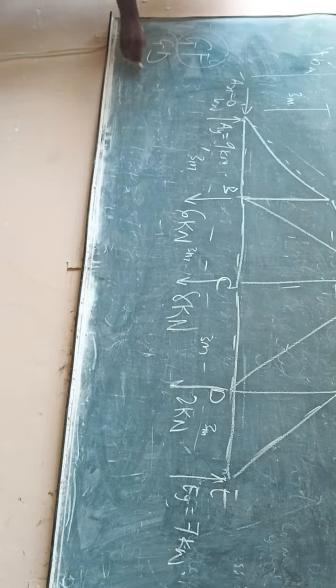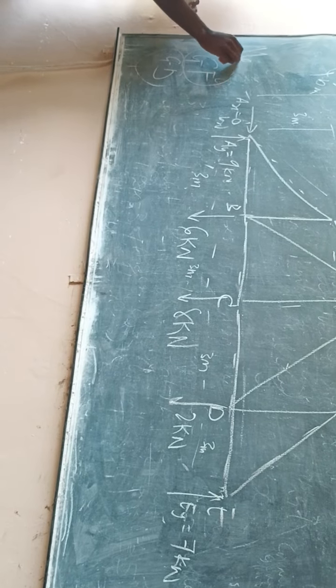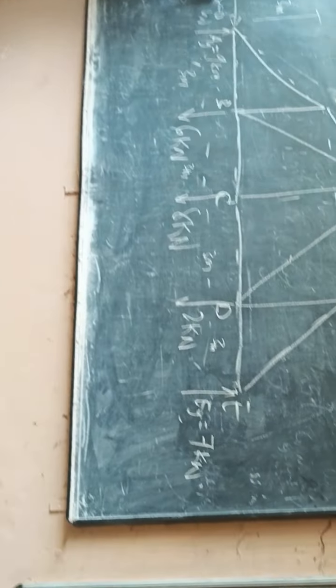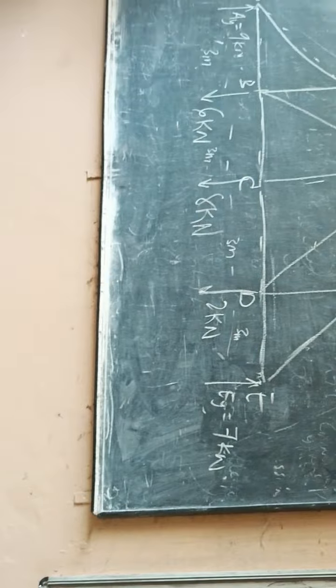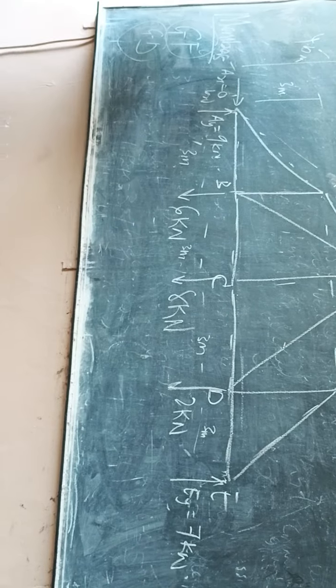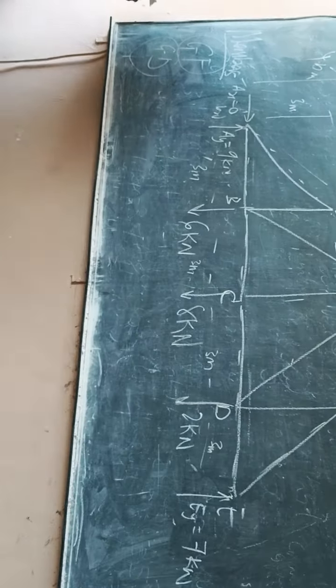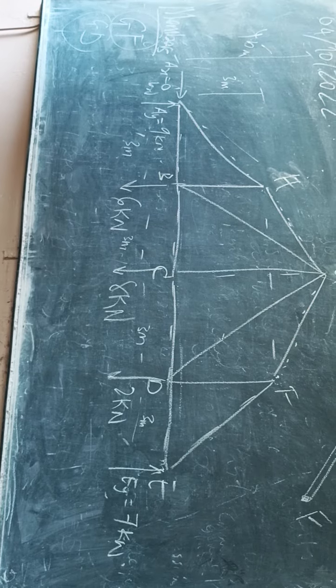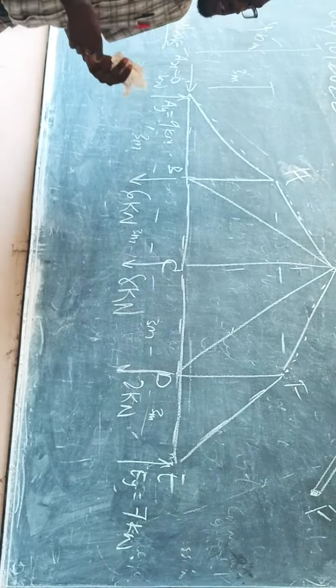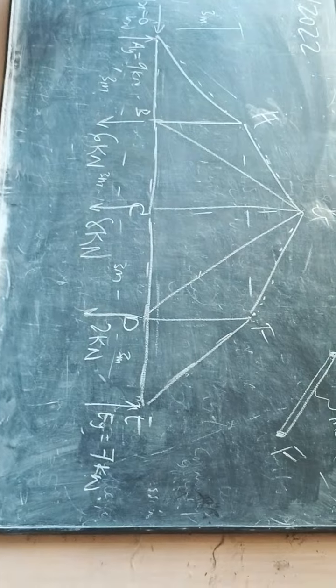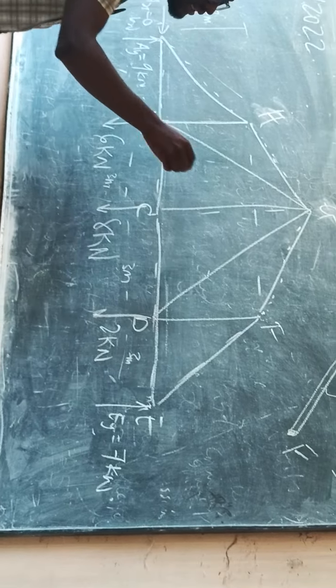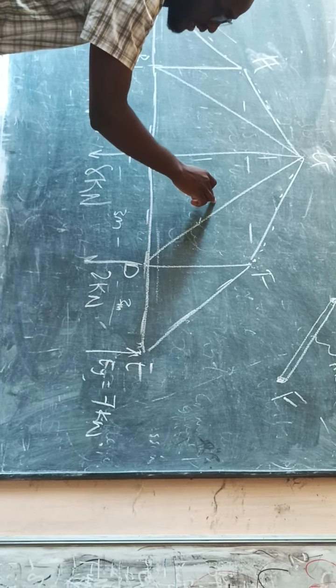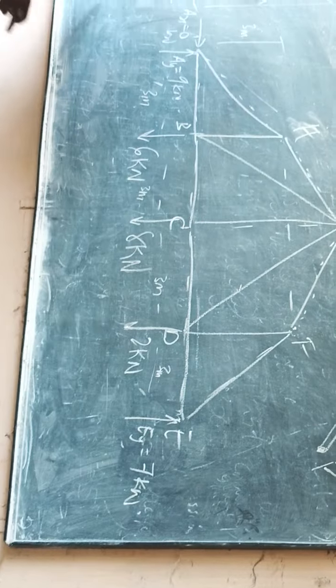Once you identify the members, that's our step 2. I can't write step 1, step 2, we've already done that in class. Once we identify that, we have to make a cut. And that cut will go through the members we're interested in.